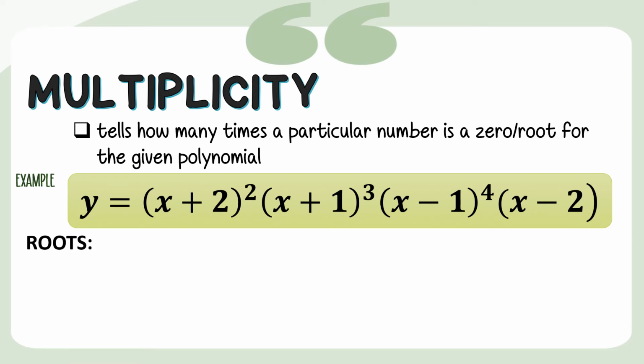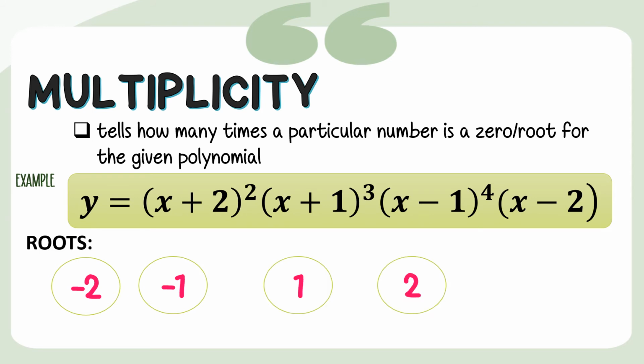Y equals x plus 2 squared times x plus 1 cubed times x minus 1 to the fourth times x minus 2. So, using the ZPP, sige nga, ano-ano ang roots niya? Okay, we have negative 2, negative 1, positive 1, and positive 2.